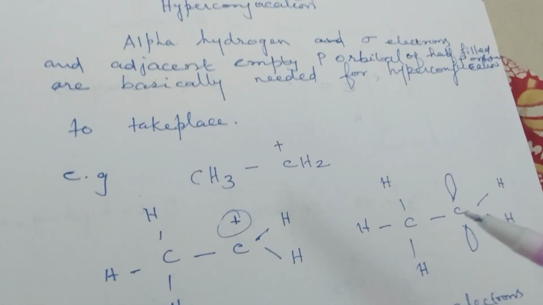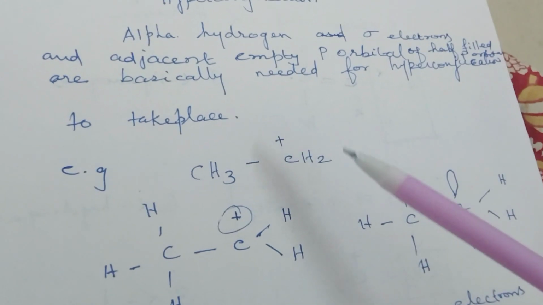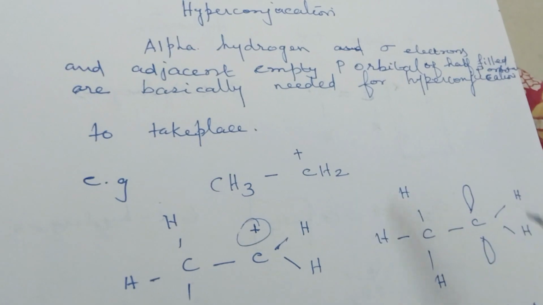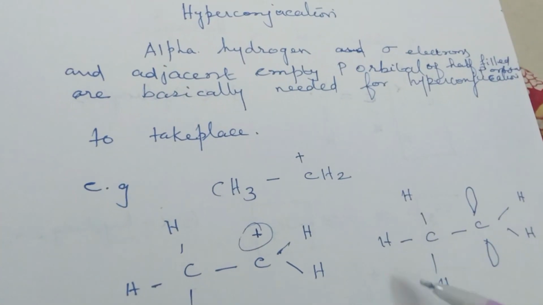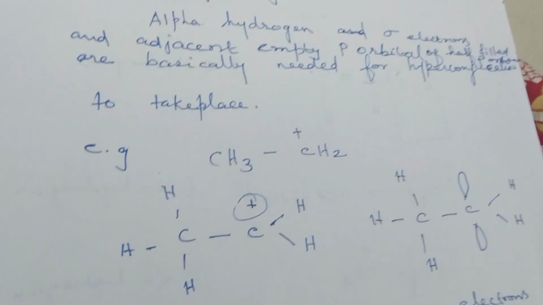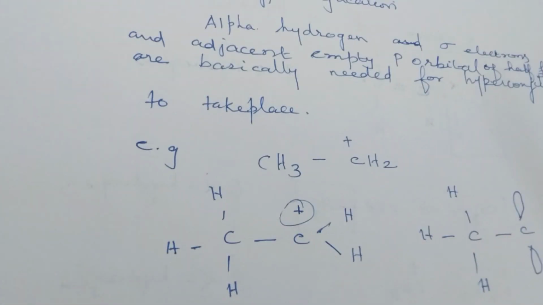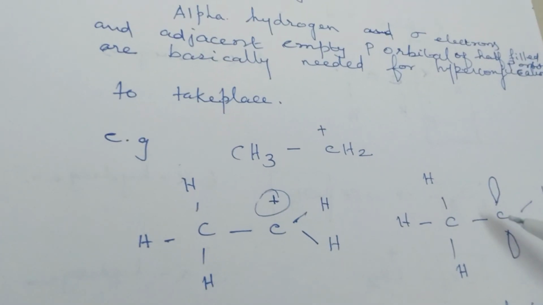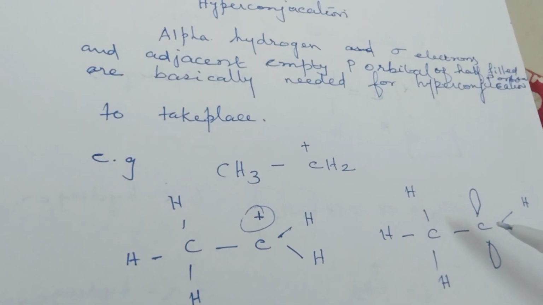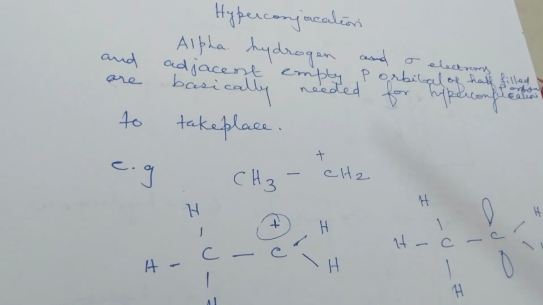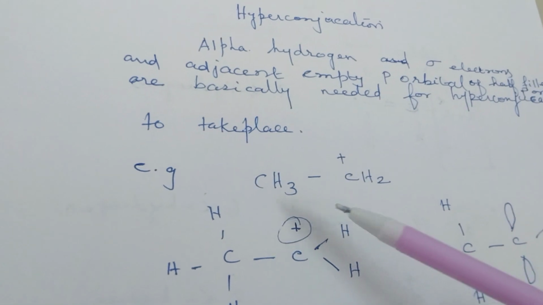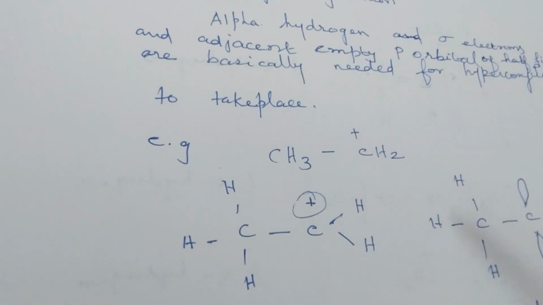This carbon is a carbocation, meaning it has a vacant electron position. This carbon has CH3, the fourth bond is here. This carbon has a vacant p orbital. So all 3 needed things are present in this compound: alpha hydrogen, sigma electrons, and a vacant p orbital.